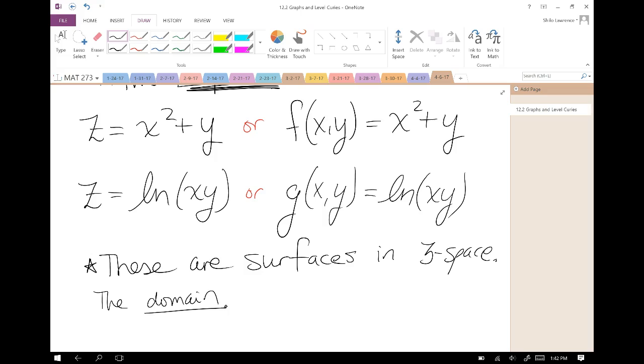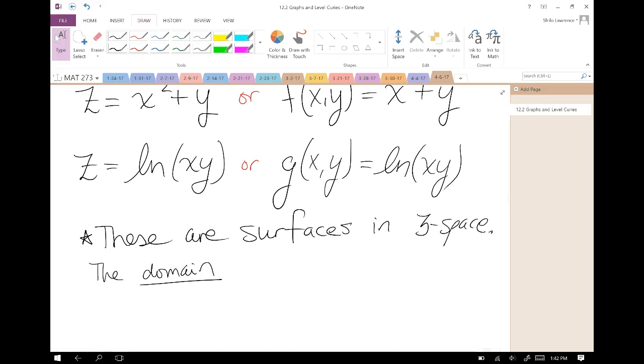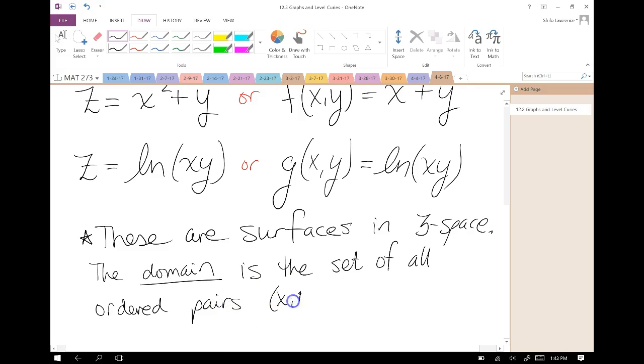The domain, if you think about what domain is back in algebra class, the domain is the set of all the values that we're allowed to plug into the function. Since these functions have 2 independent variables, we're actually picking 2 values to plug in. So the domain is going to be a set of ordered pairs. We have to pick an x value and a y value to plug in.